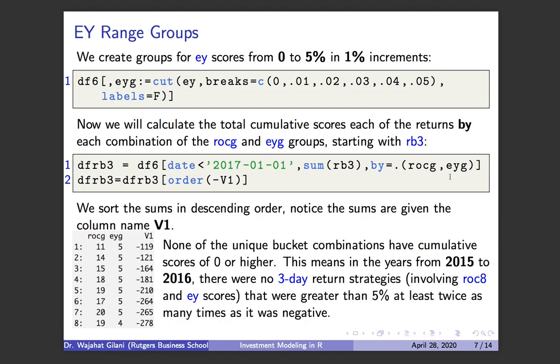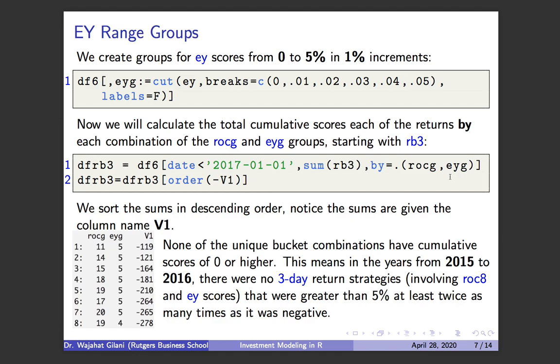So all the stocks that, at any moment in time in 2015 and 2016, had an ROC8 greater than 0 but less than or equal to 10%, and an earnings yield greater than 0 but less than or equal to 1%, I'm taking all those stocks at that moment in time in those 2 years, and I'm calculating.